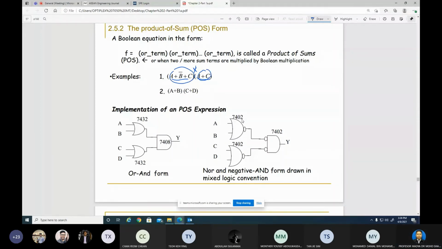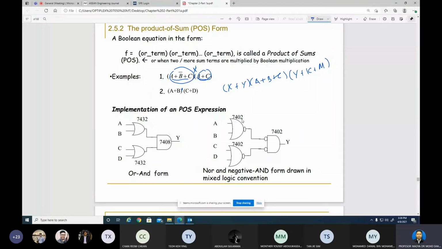Another example here: A plus B, dot, C plus D. So this one we call the POS, product of sum. For example, we have x plus y multiplied by a plus b plus c multiplied by y plus a plus m.